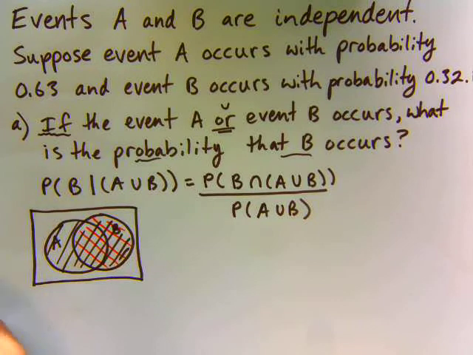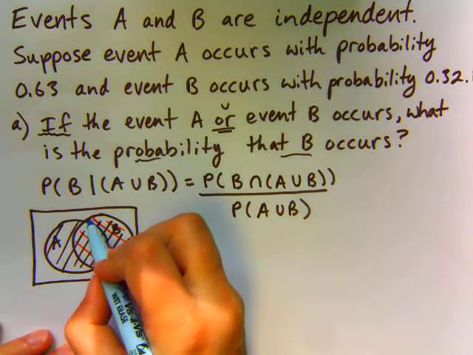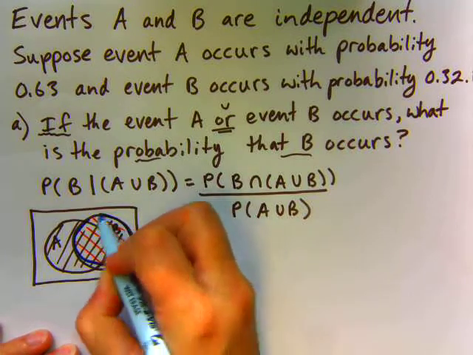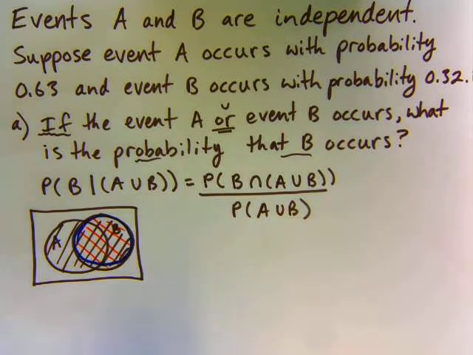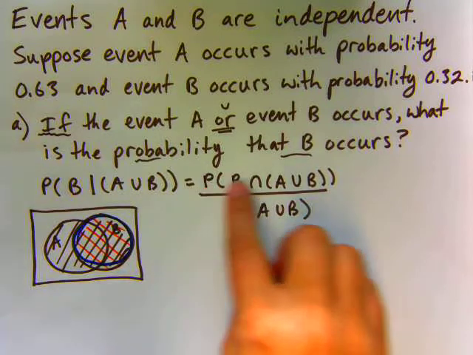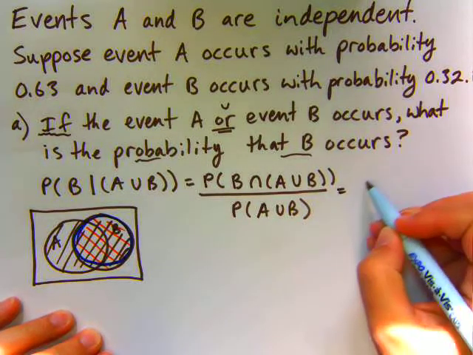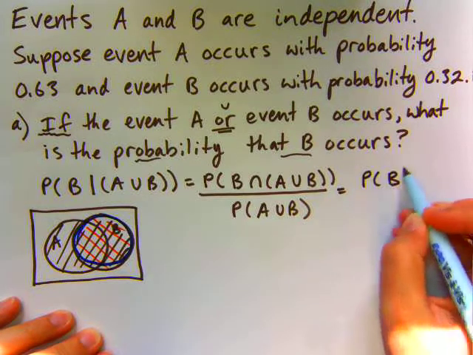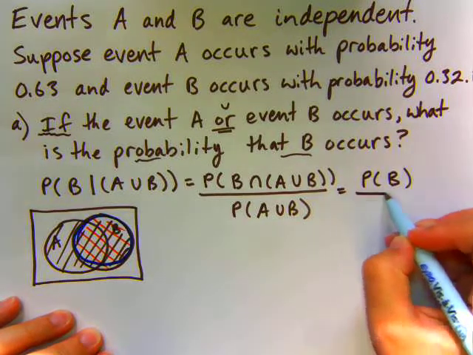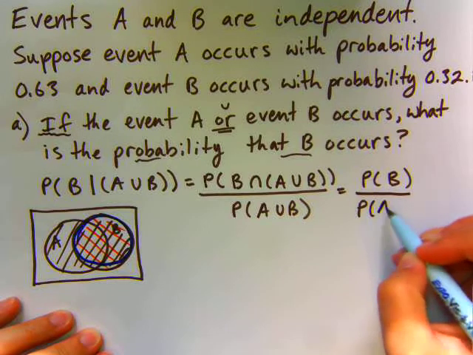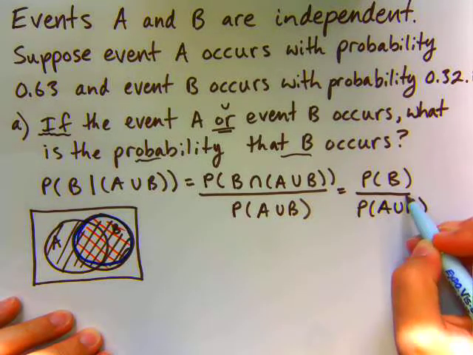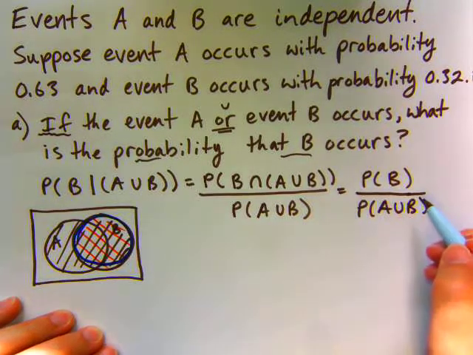Well, that would be everything just inside of the circle B that has hash marks going in both directions. So this whole thing up here on the top can just be simplified to be the probability of B. And that's a lot easier if you're looking at each one.